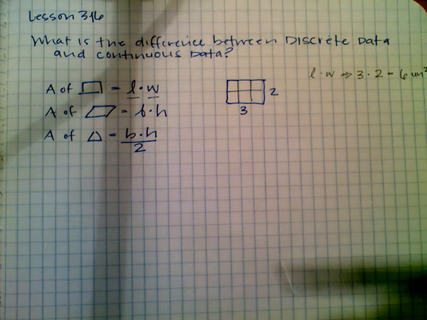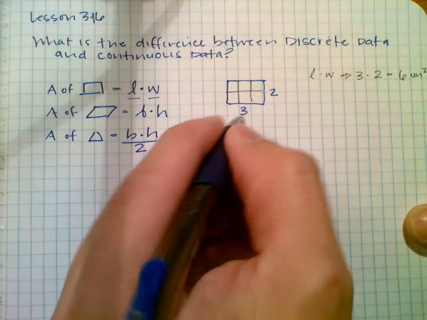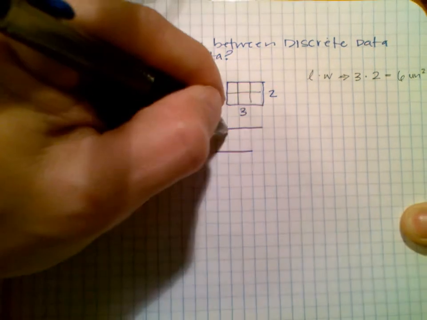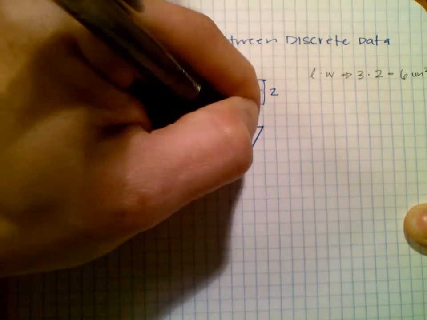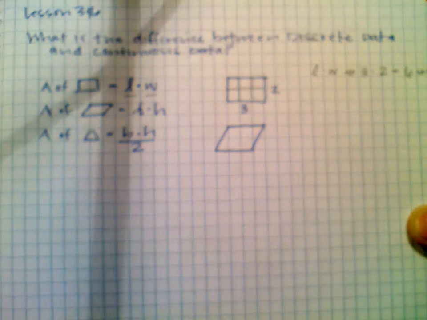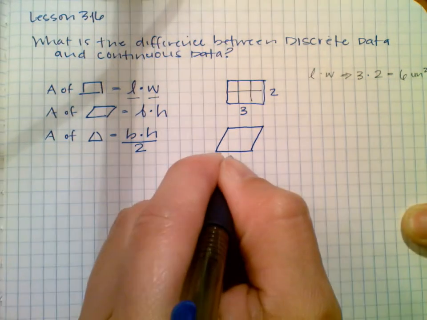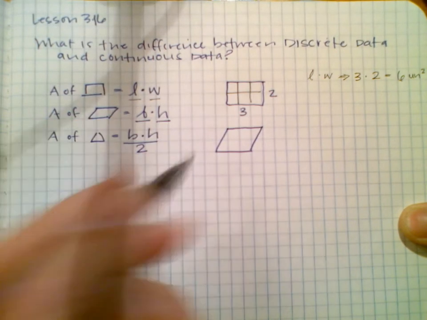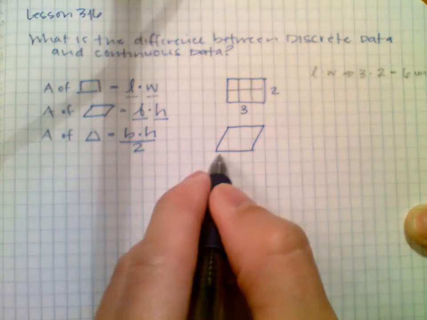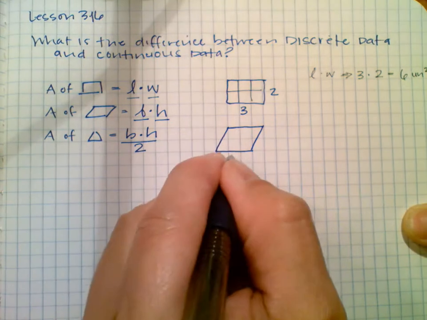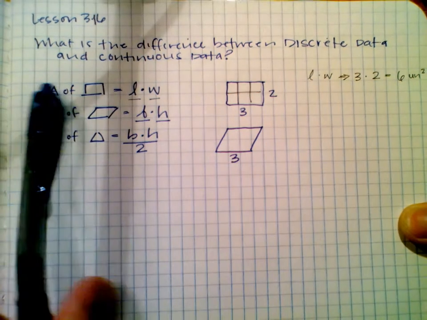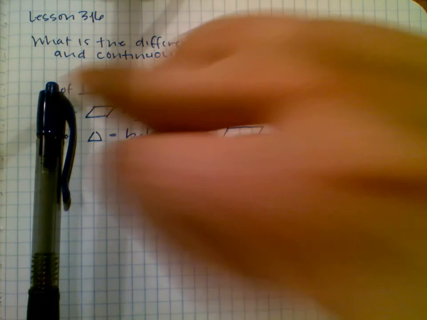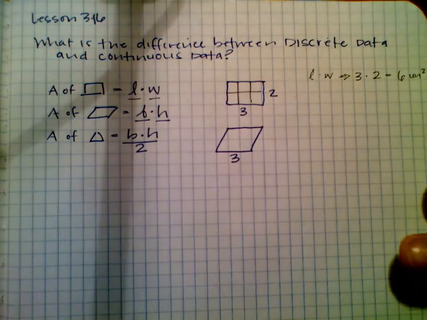Okay? Now, when we look at a parallelogram, which is just another quadrilateral. So here's my parallelogram, and in this case, we have base and height. My base, generally, that's going to be your bottom side, which is 3. Now, to form a height, and this is kind of the tricky part, we always want to make a right angle.